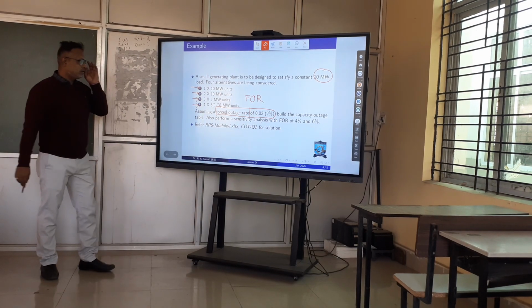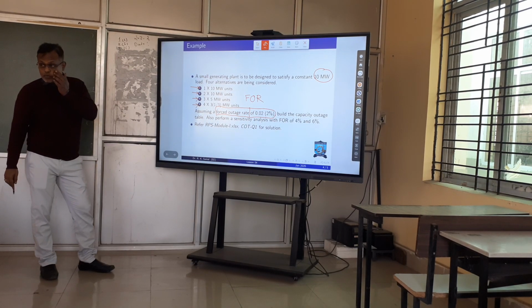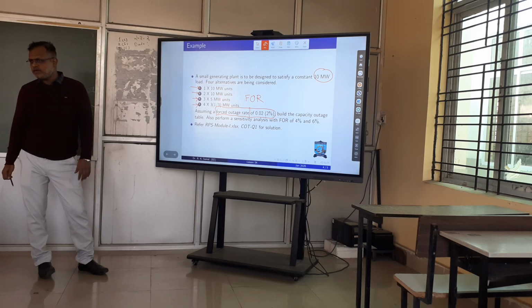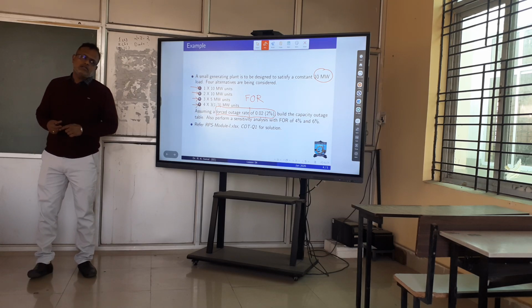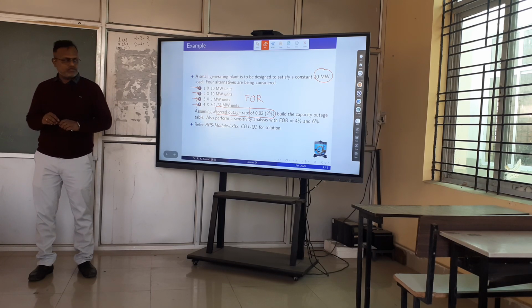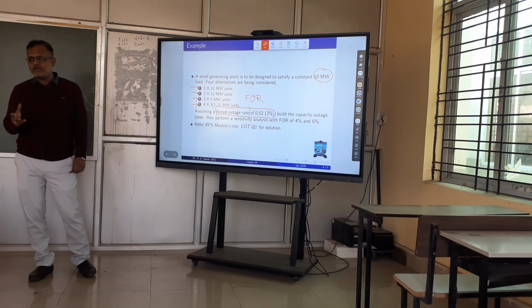Now in this case, FOR is 2%, that is 0.02. That means the failure probability is 0.02. FOR is nothing but the failure probability. Why forced outage rate? Because in many cases the generator is out either for maintenance or due to a fault. It's a forced outage, as opposed to an optional outage of the generator.